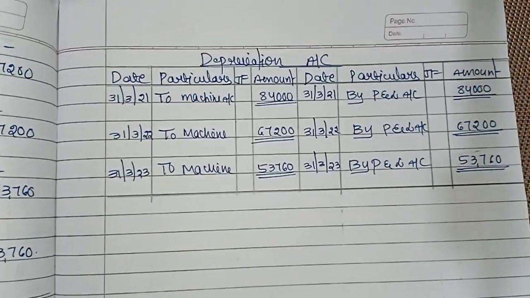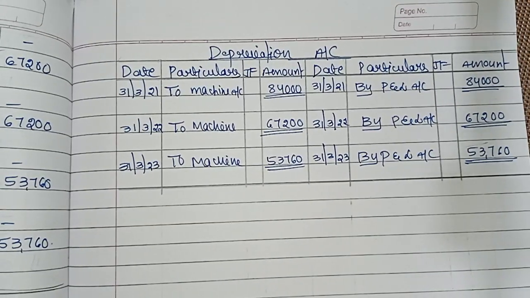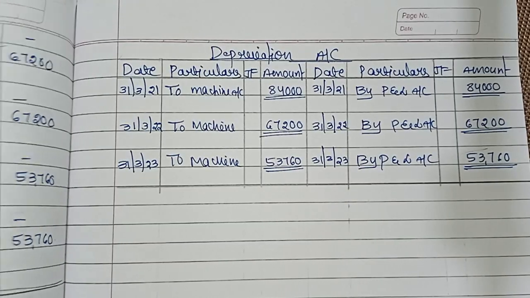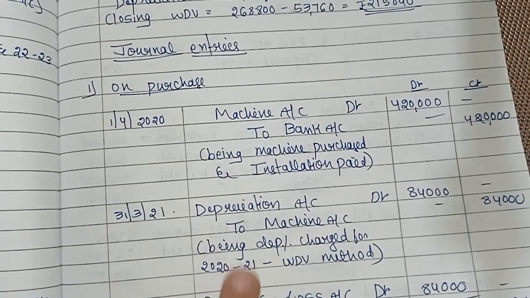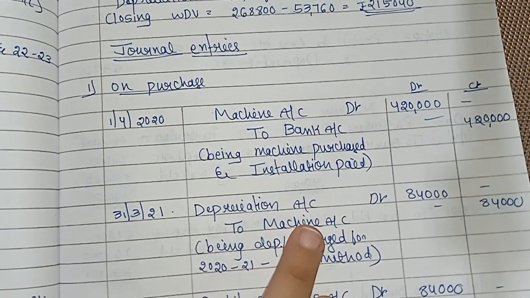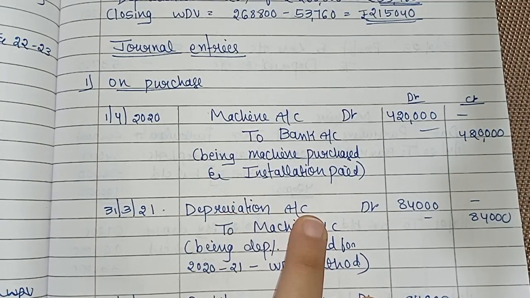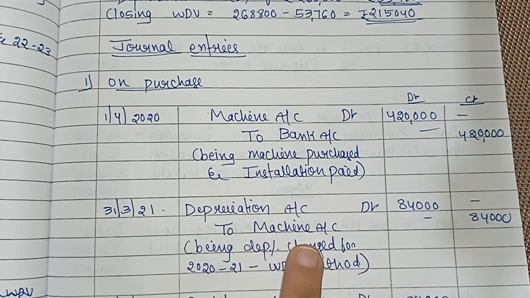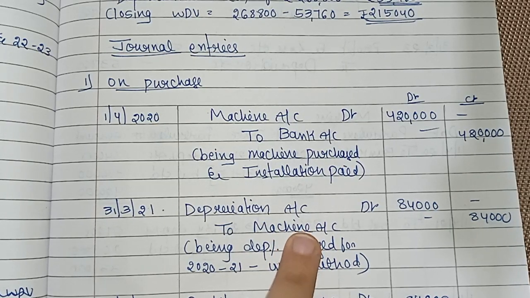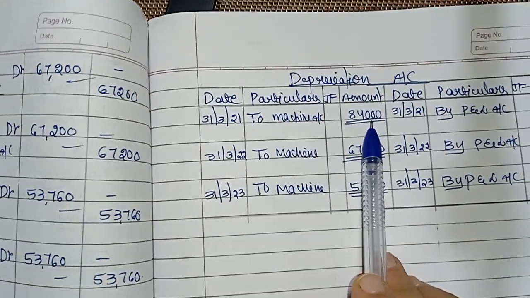Now machine account is over. Now go to the depreciation account. See here, first year: depreciation account debtor to machine account 84,000. Here machine account is credited. Now in the ledger account we need to debit it, that is to machine account 84,000.